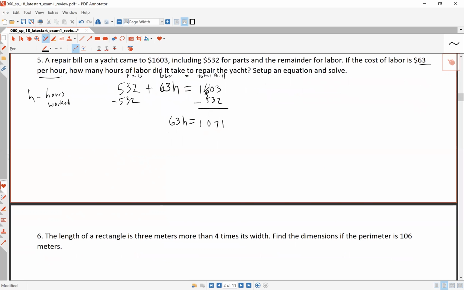So we divide that by 63. 63 into 1,071. 63 goes into 107 one time. Remainder 441. And 7 times 3 is 21. 7 times 6 is 42, plus 2 is 44. So 17 hours worked on the yacht.